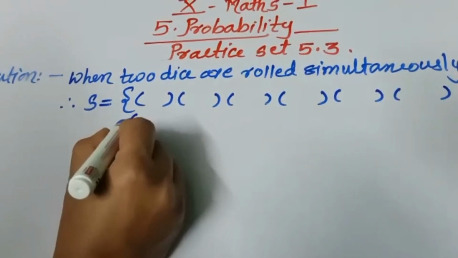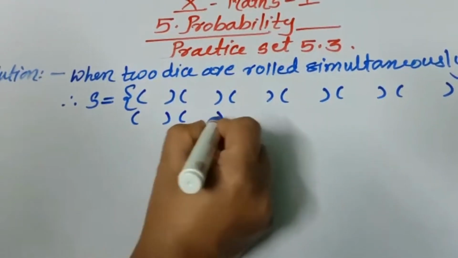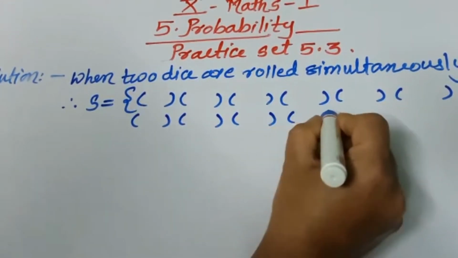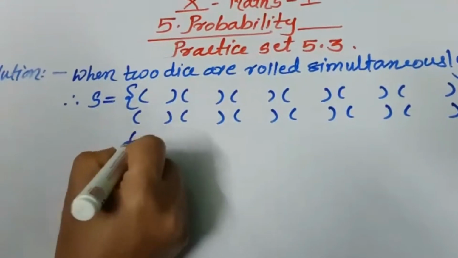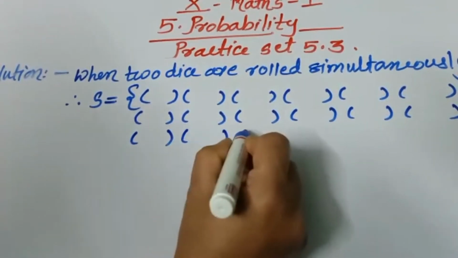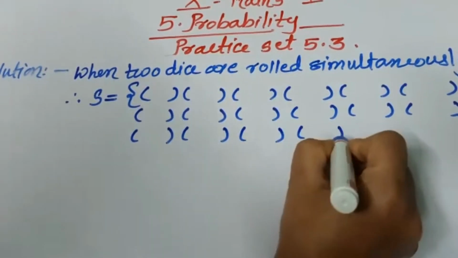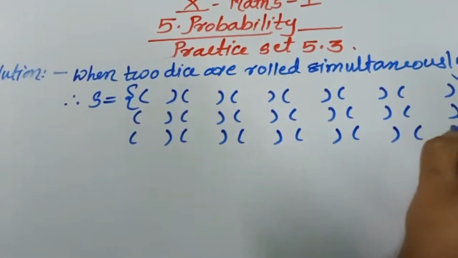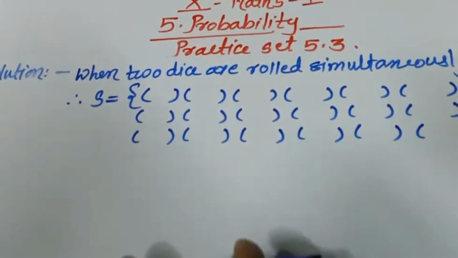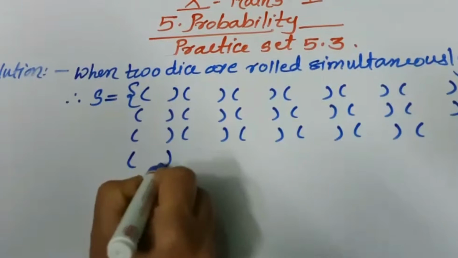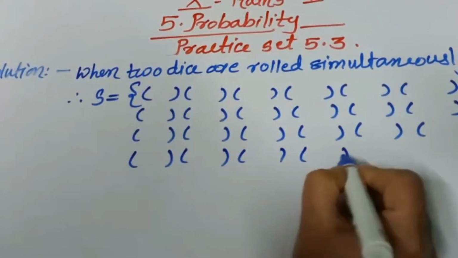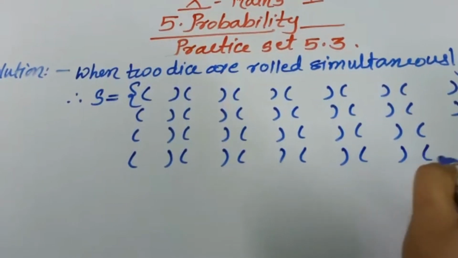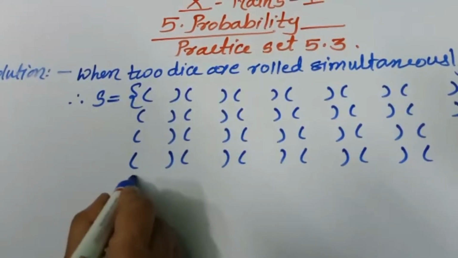Likewise again 1, 2, 3, 4, 5 and 6. Likewise 6 lines we have to draw here. That is 6 times 6 are 36. Means total 36 possibilities are there when two dice are rolled simultaneously.